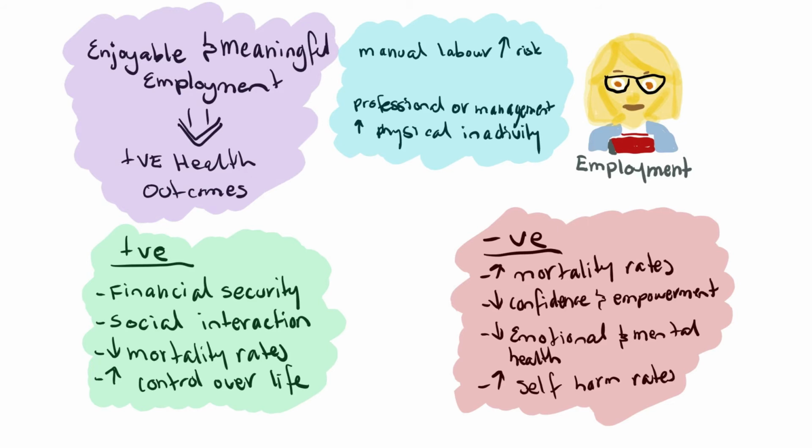Someone who is employed in a job which they find enjoyable and meaningful is most likely to have increased rates of social interaction with the people that they work with, not just within their family or peers network. People who are employed have lower mortality rates and have increased control over their life because they generally have a higher skill base in communication and problem solving, and that has a huge impact on their ability to feel empowered to make positive health decisions.